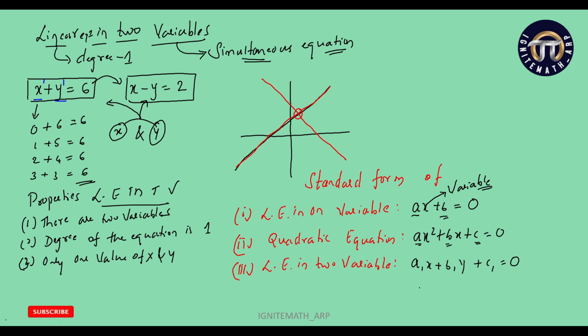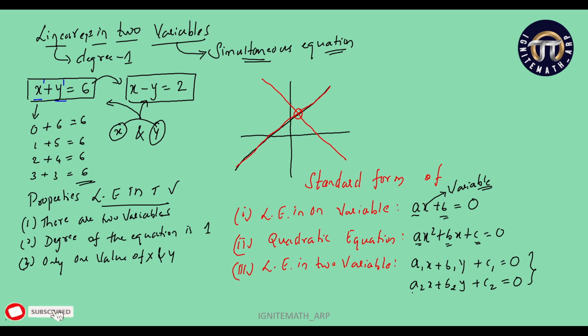This is one equation, and the other one is a2x plus b2y plus c2 is equal to 0. So this is the other equation. What is a1 over here, what is b1, what is c1? a1 is the coefficient of x in the first equation, b1 is the coefficient of y in the first equation, and c1 is the constant term of the first equation.